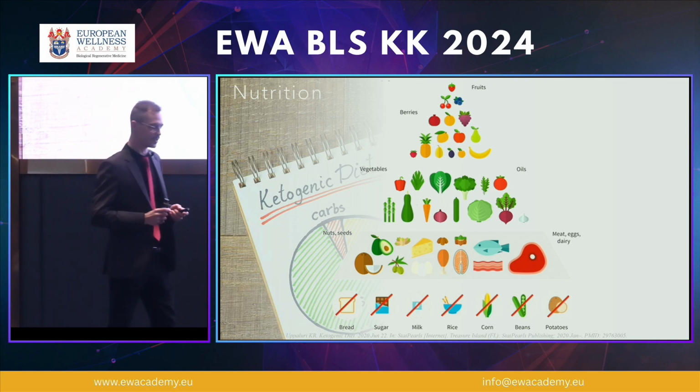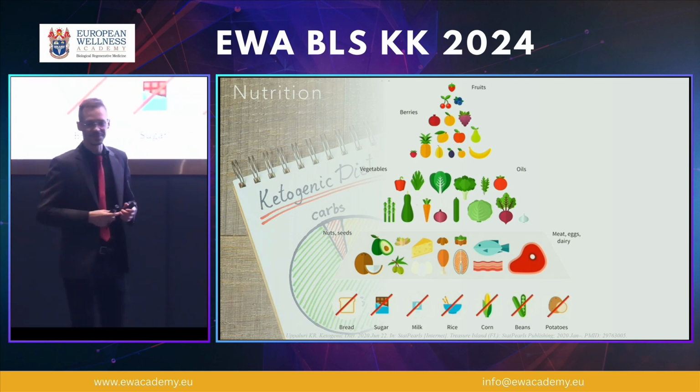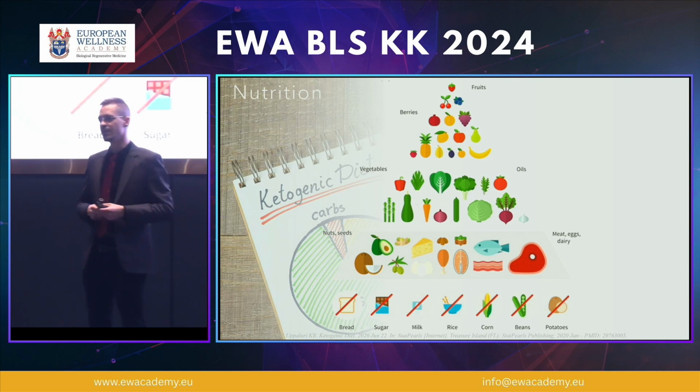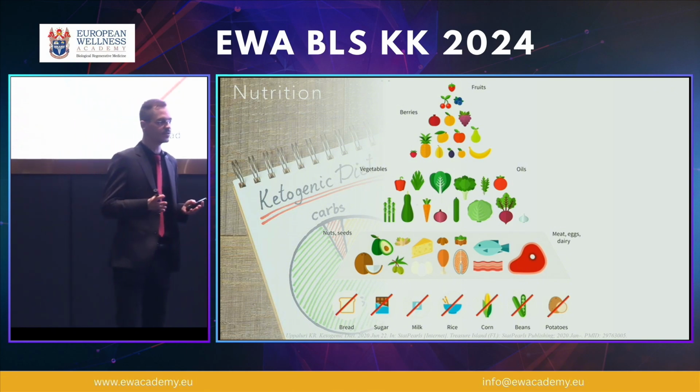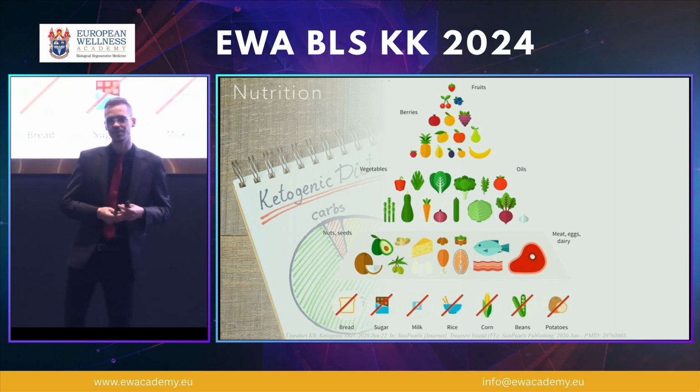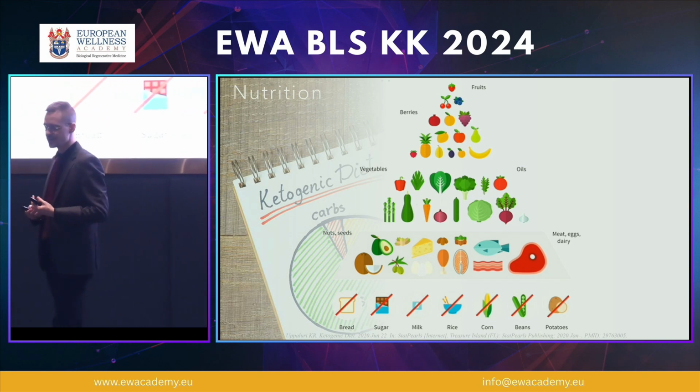This is quite a simple and quite complex question at the same time. Many people ask, what's the best diet? And yes, there are certain schools or theories, for example the Mediterranean diet, which is known for its very good effects.